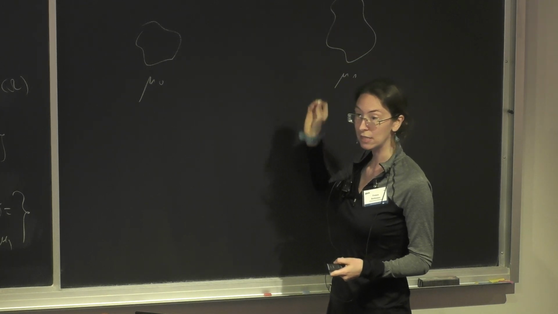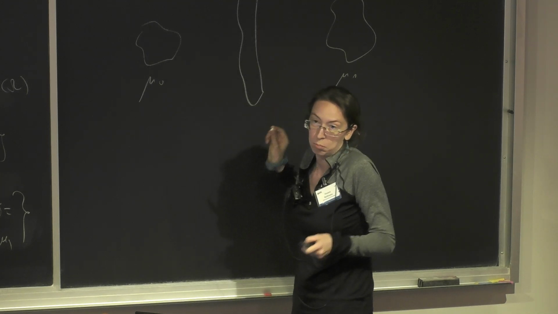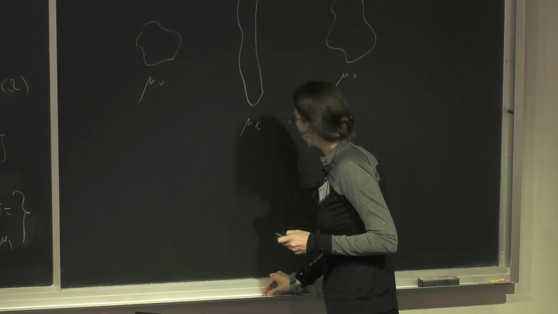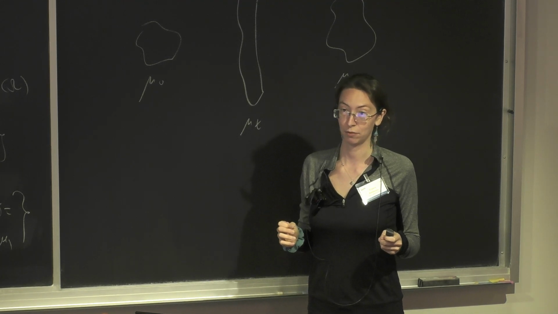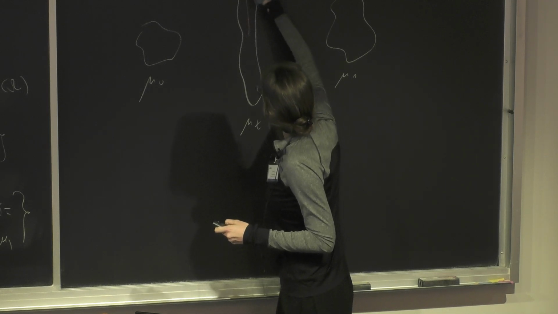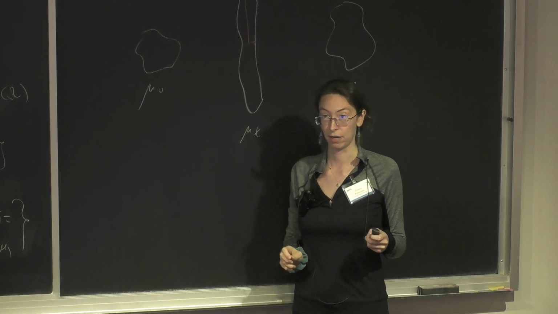So in the middle, I have some mu_t, and let's say that this mu_t somehow looks like that. I don't know. And now I ask, what is the covariance matrix of this mu_t? And you observe that maybe in this direction, you have a very large spread, and in this other direction, you have a very small spread.